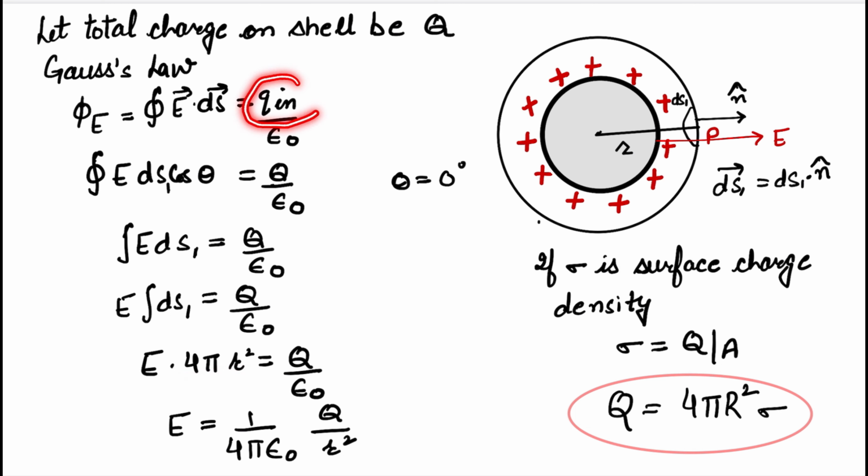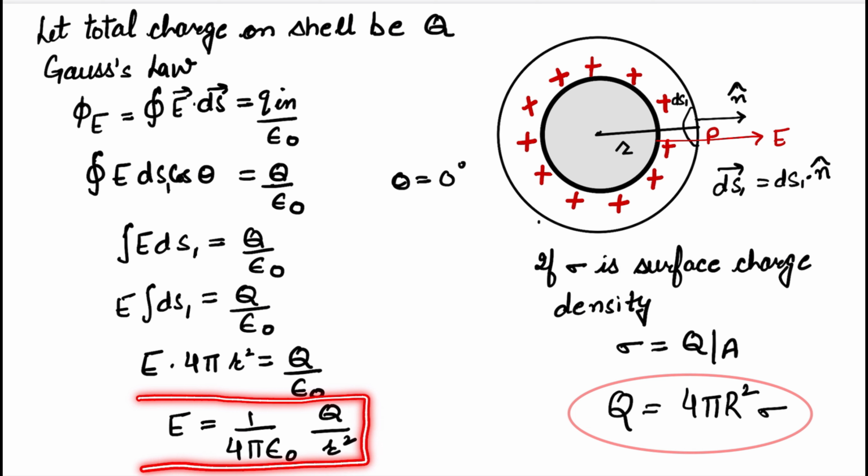Qn is the amount of charge, and we know that the spherical shell has total charge capital Q, so we replace Qn with capital Q. So this is the amount of electric field which will be experienced at point P.